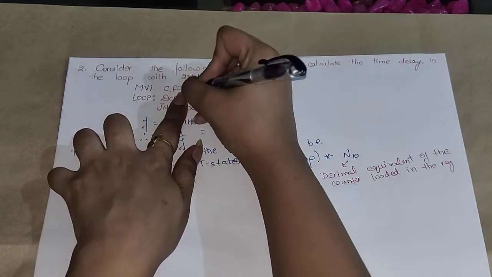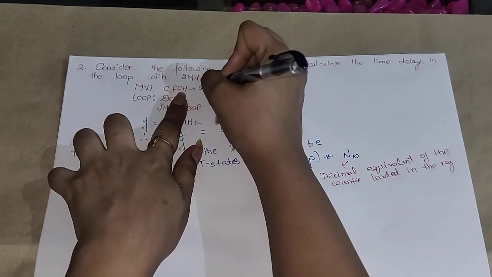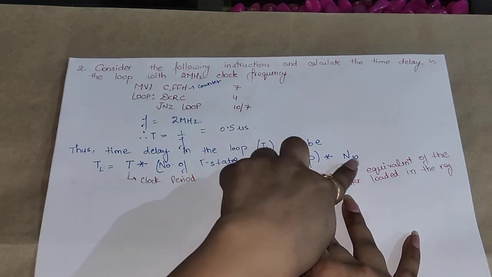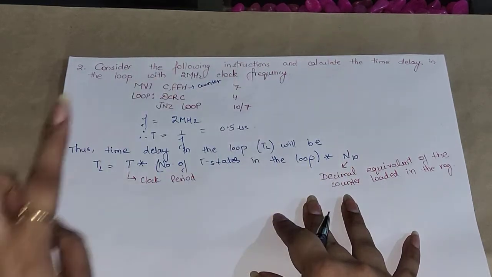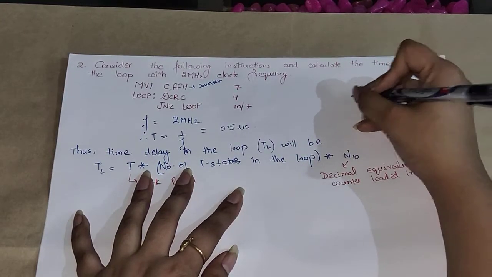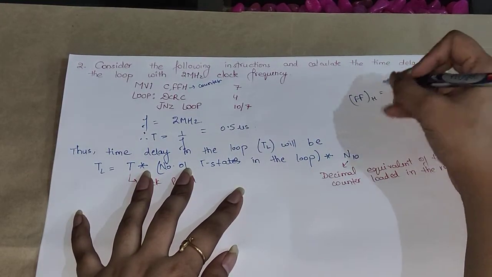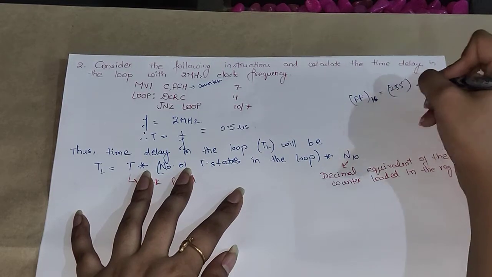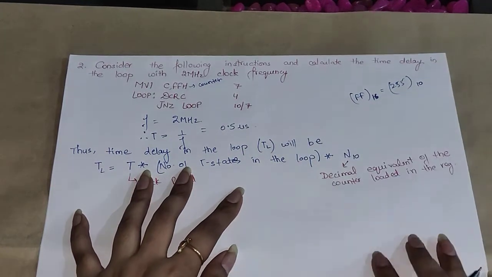This is a counter, and the counter value in decimal is N10. FFH is equivalent to 255 in decimal. So N10 will be 255.